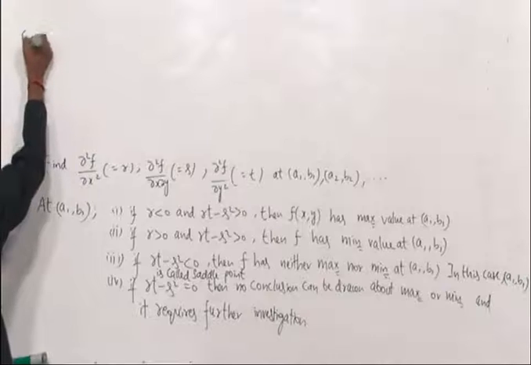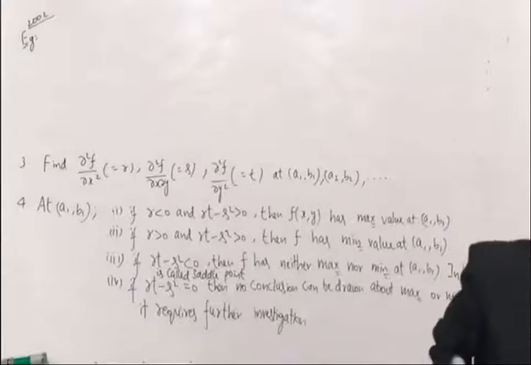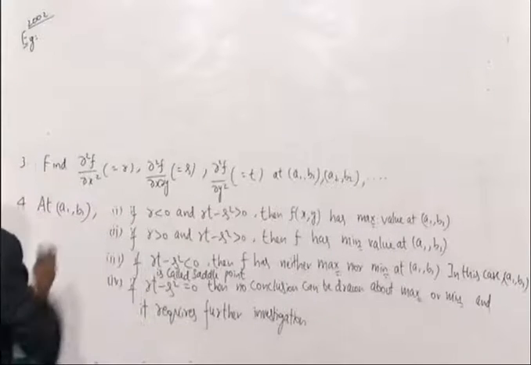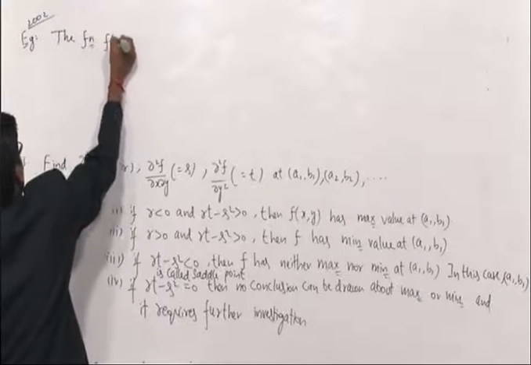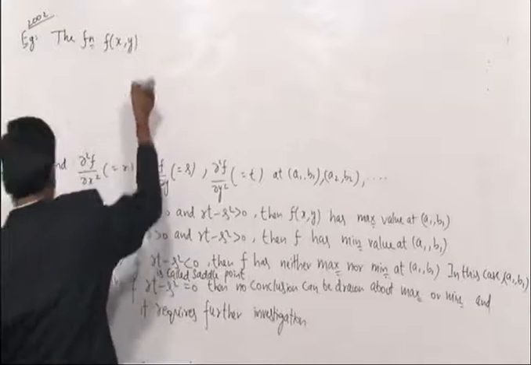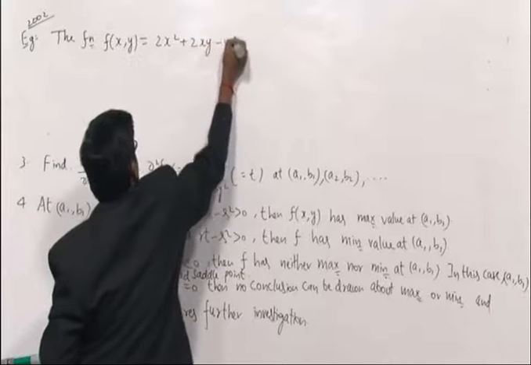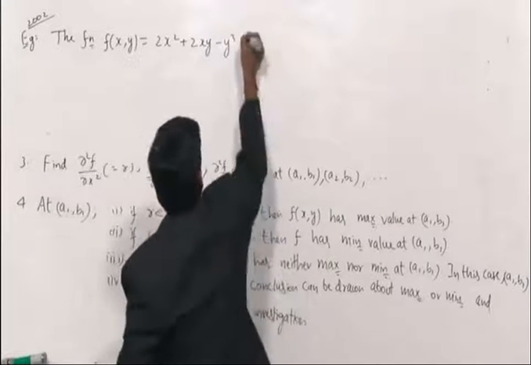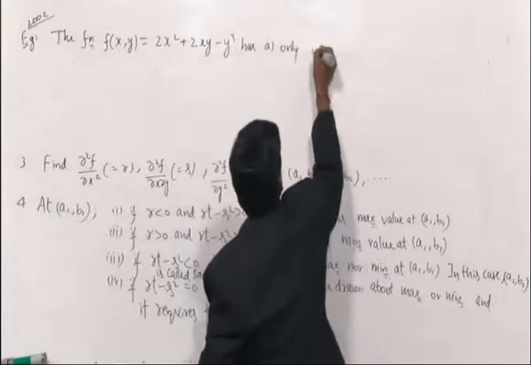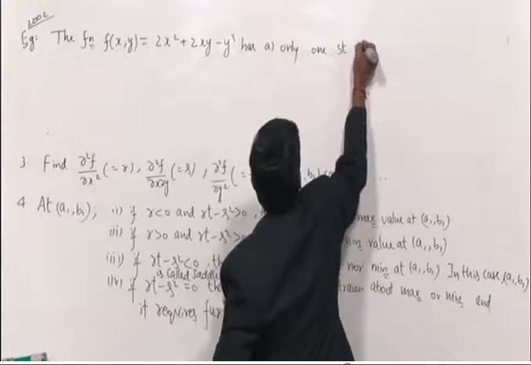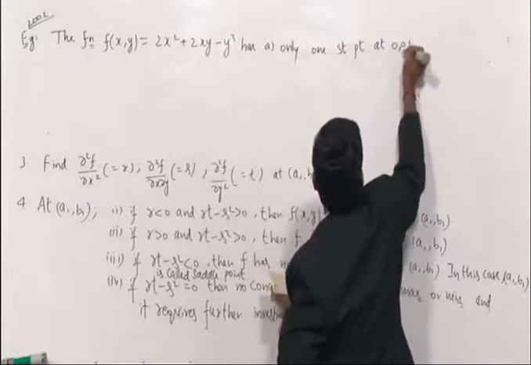Example, which was given in 2002, 2 marks. The function f of x comma y is equal to 2x square plus 2xy minus y cube has: option A, only one stationary point at 0, 0.